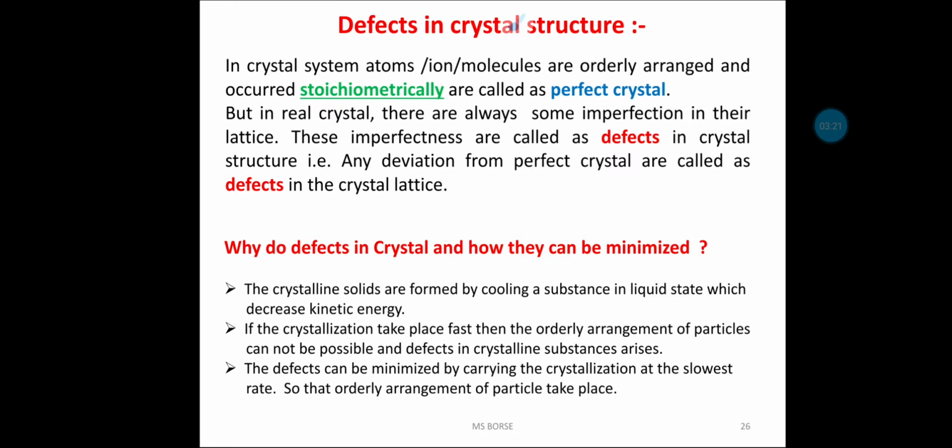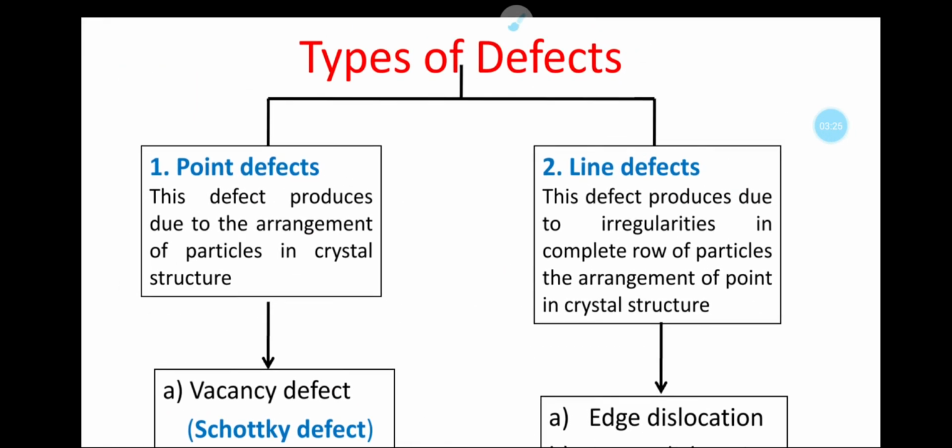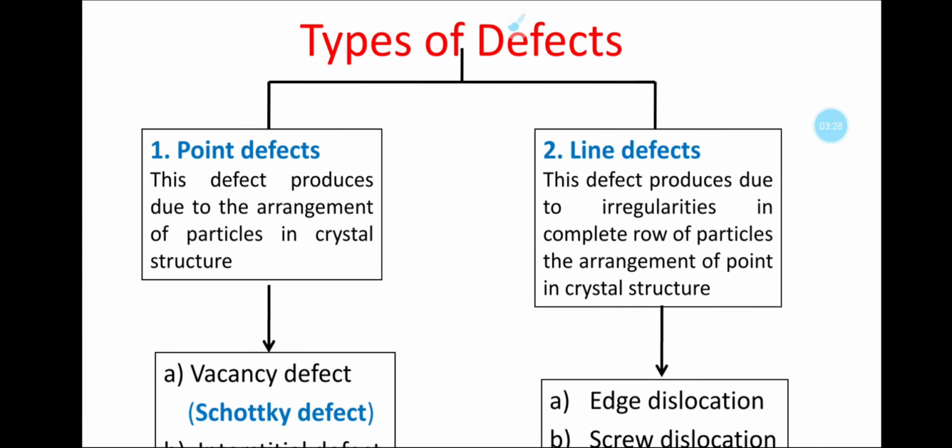So in a crystalline compound there are two types of defects we can produce or minimize. First is point defect, second is line defect. A point defect is a defect created at a lattice point or a particular point. It is produced due to the arrangement of the particles in the crystal structure.